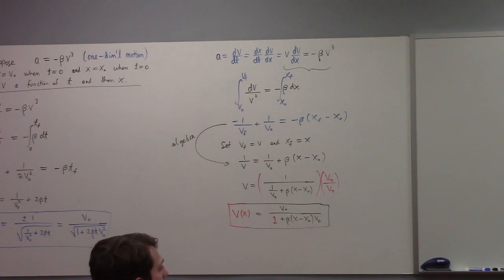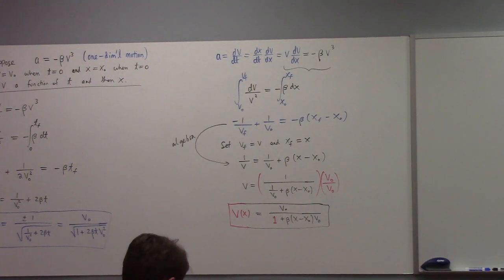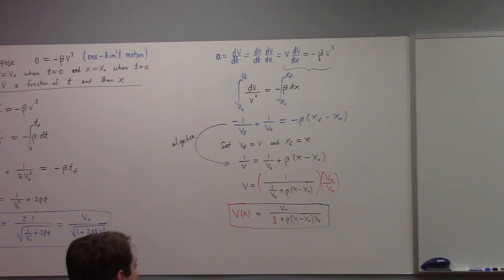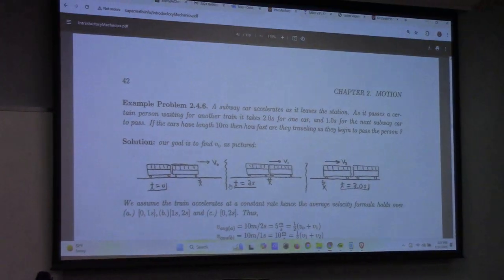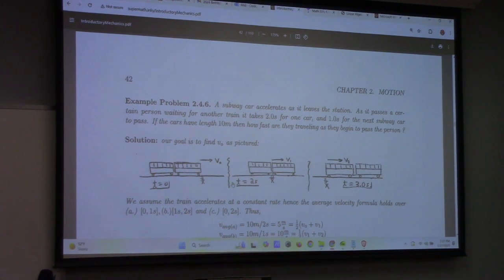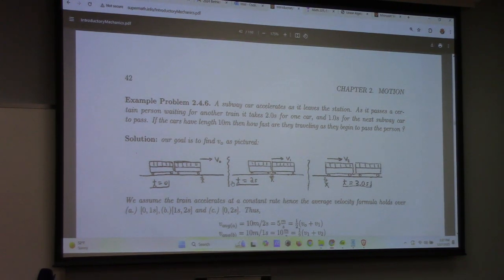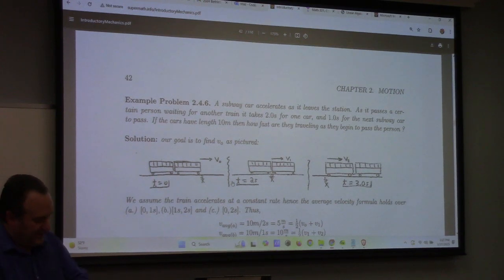The subway car accelerates as it leaves the station, all right? And what are we told here? The subway car leaves the station. I should have brought my glasses. I'll have to get over here where I can see it. And it accelerates down the track, right?